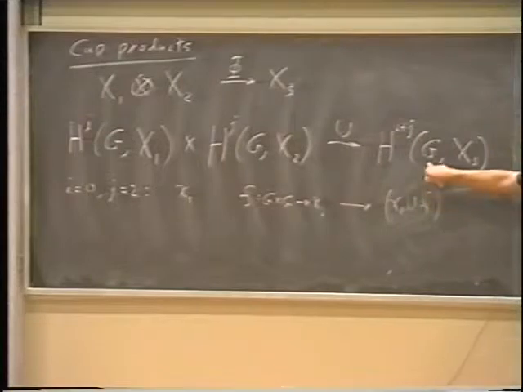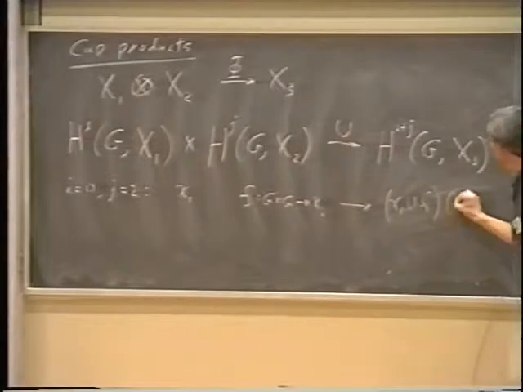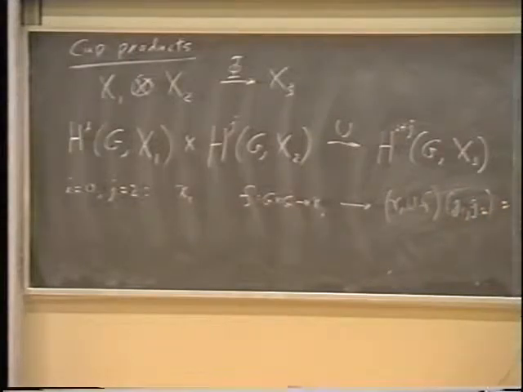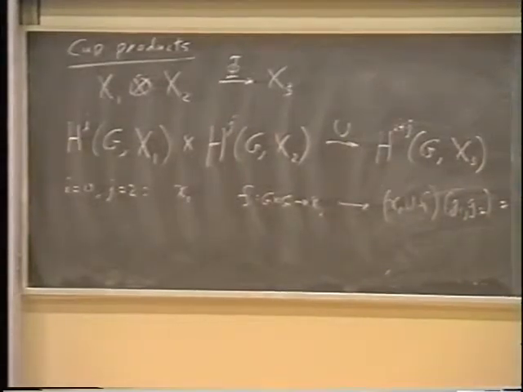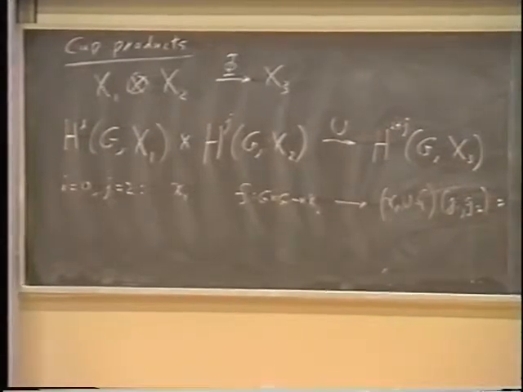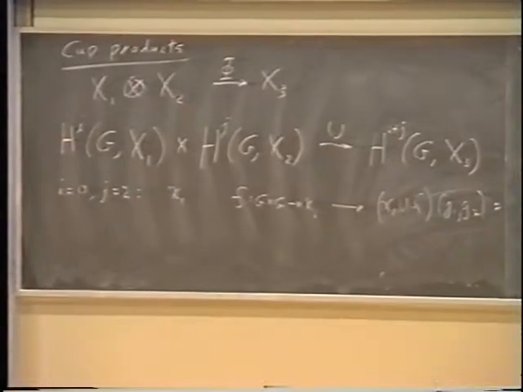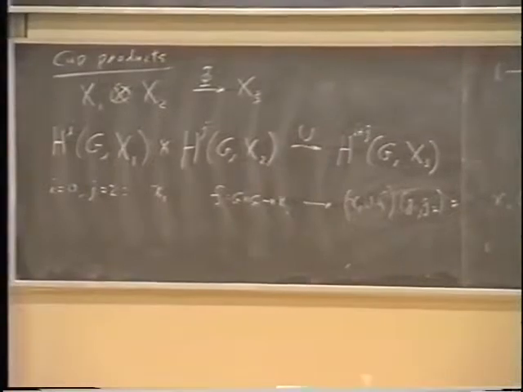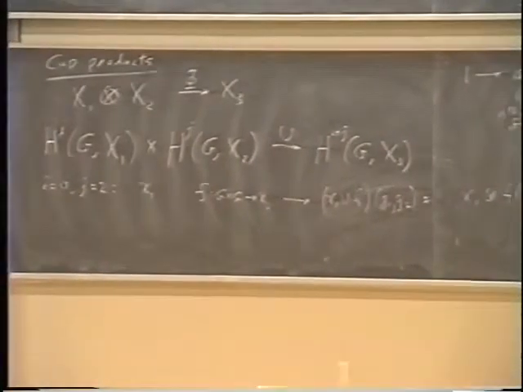Now this has to be again in H^2, so it has to be a function of g1 and g2. Well, it's not too hard to guess. There's a tensor product in here, so you take x1 tensor f of g1, g2.